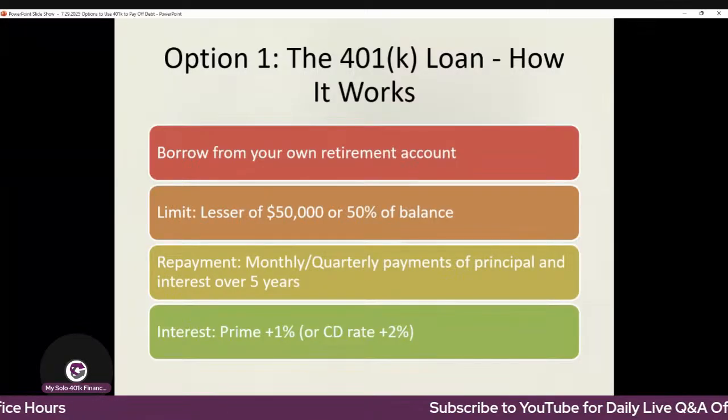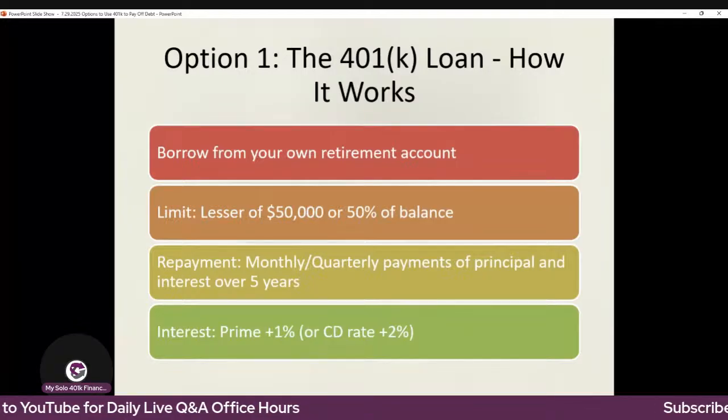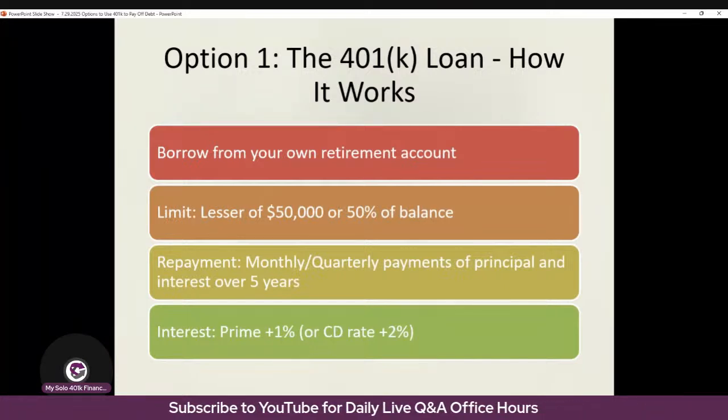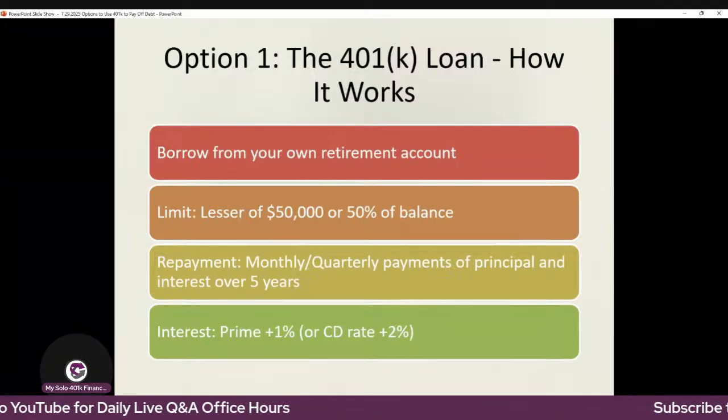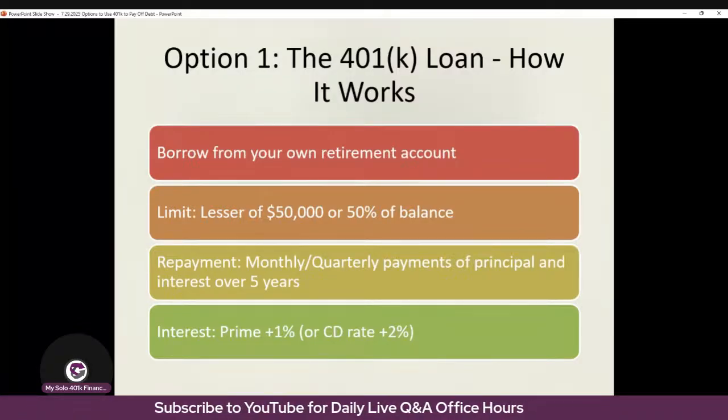Well, it's limited to 50% of the balance, not to exceed $50,000. It needs to be paid back in either monthly or quarterly payments, equal payments of principal and interest, with those payments spread over a 5-year term. Now, the interest rate is prime plus 1%. It's a fixed rate. Or you could use a CD rate, a comparable CD, like say a $50,000 5-year CD rate plus 2, and use that as the interest rate.